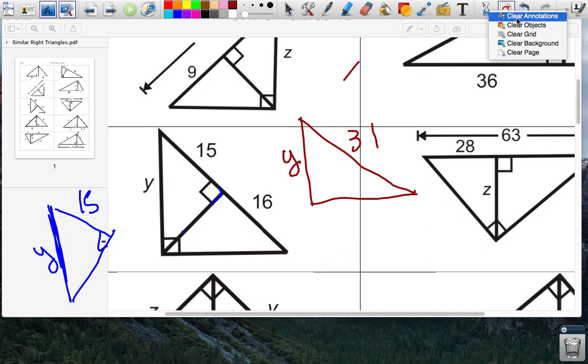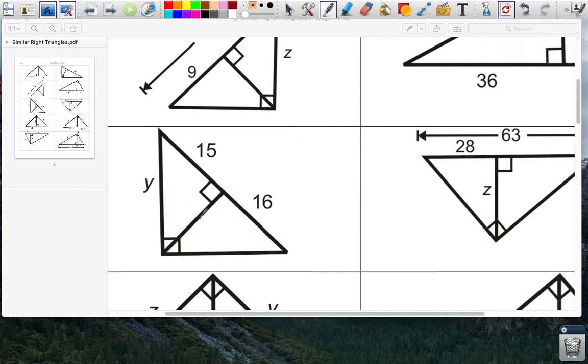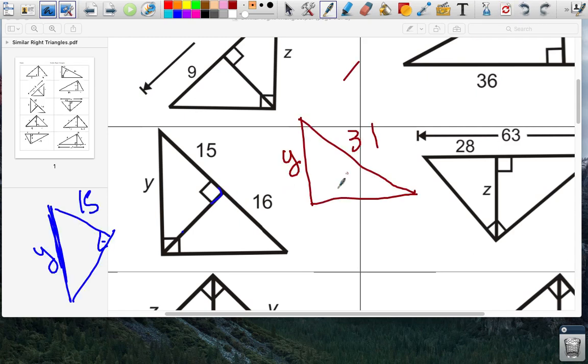Redo this. Let's find this side here. I don't think I can do it because my problem here is that when I mash these two, I don't know if this y here on the big triangle is my long side or my short side, and that makes a huge difference because I don't know if this 15 on the small triangle represents the long and the short side. So I don't have enough information to set up a proportion.